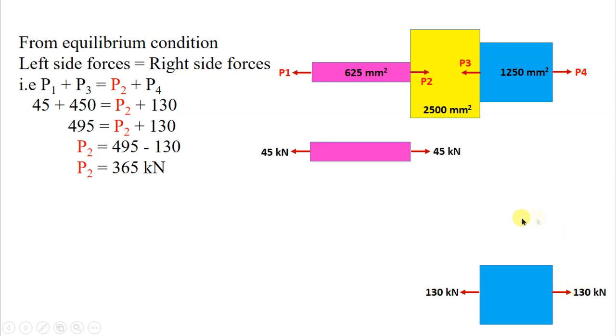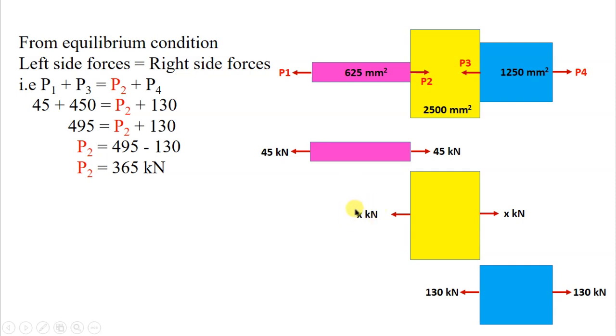Now the problem is the center section, that is this yellow color part. We have taken x kilonewton on both sides and we are going to find this x kilonewton so that we can find the change in length in each section. So how to find this x?